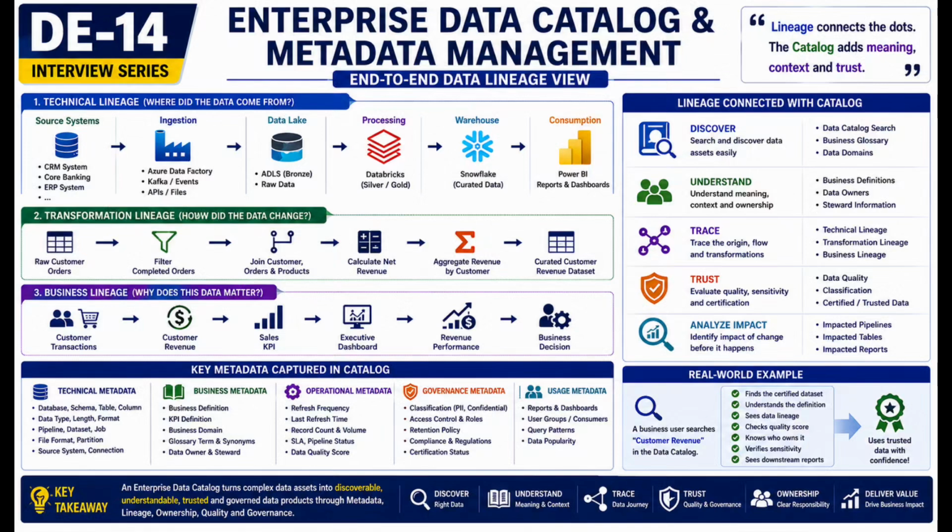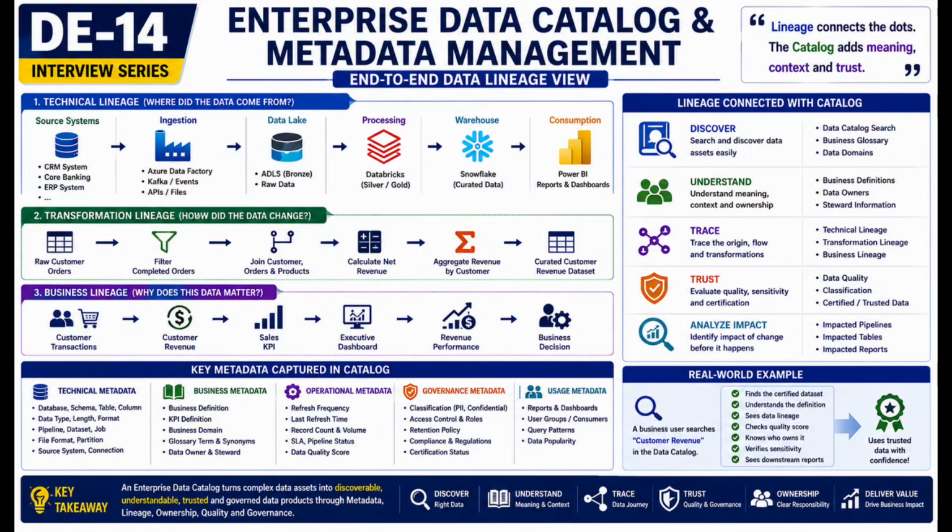So that's technical metadata. Now we are in the second step, that is business metadata. Business metadata explains what the data actually means. For example, customer revenue could have the business definition: total recognized revenue generated from completed customer transactions during the reporting period.